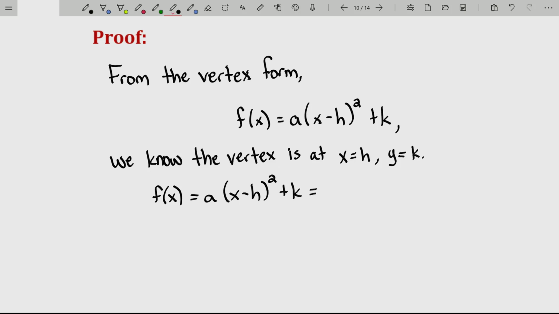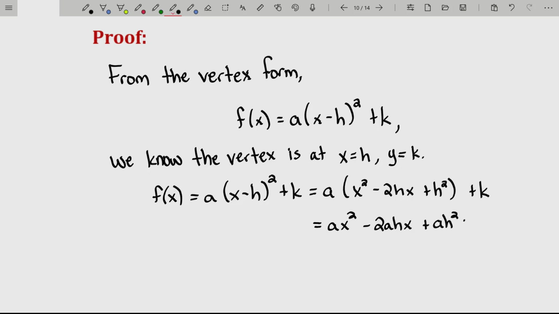I'm actually going to take that vertex form here and we'll just do that multiplication. I'll do it live because I'd like to talk my way through it. That's a times, if you multiply out (x minus h) quantity squared, you'll get x squared minus 2hx plus h squared, plus k. If you distribute that a through, you get ax squared minus 2ahx plus ah squared plus k.